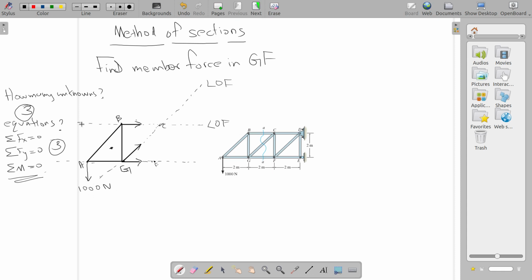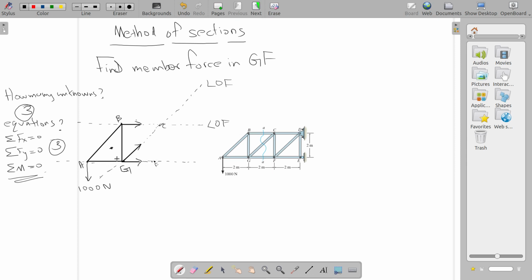So we have to multiply member force BC with this distance, member force GC with this distance, and member force GF with this distance, and add them up. So you have 3 unknowns in the equation. If you choose B, what is the distance between the line of action of BC and point B? 0. It's gone. But you still have 2 unknowns remaining.